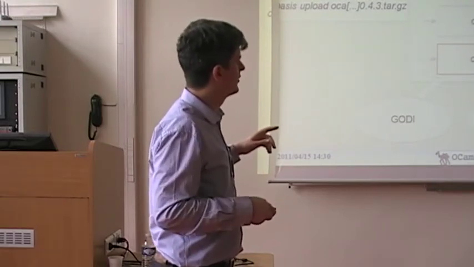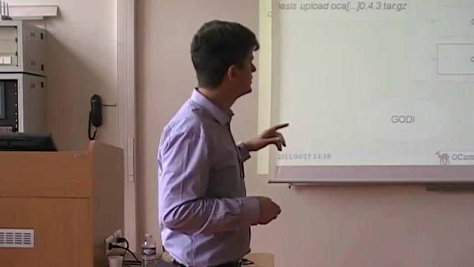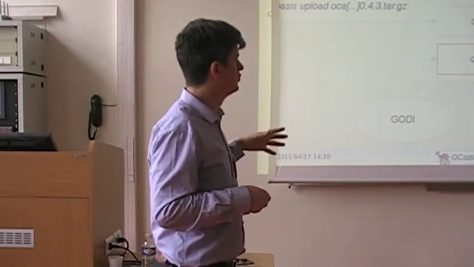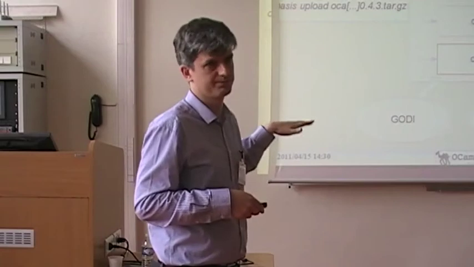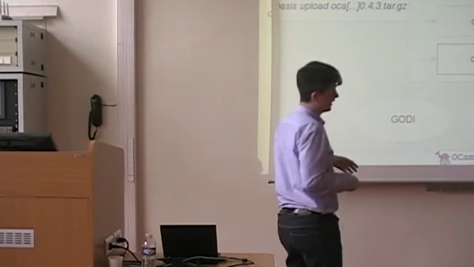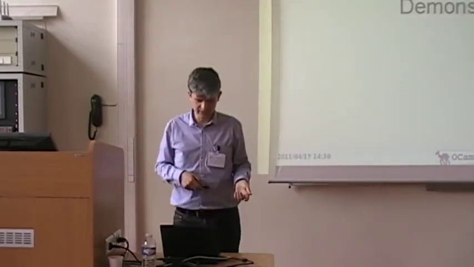And on the other way, I will use OASIS-DB to watch incoming versions. So I will know when a new version is coming and what are the new dependencies of this version.